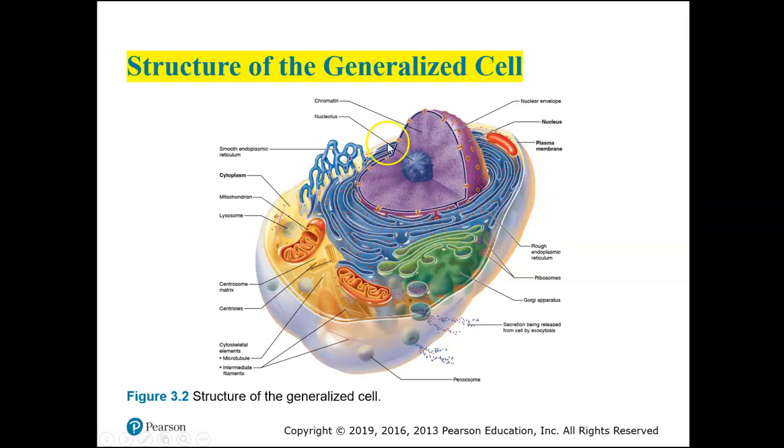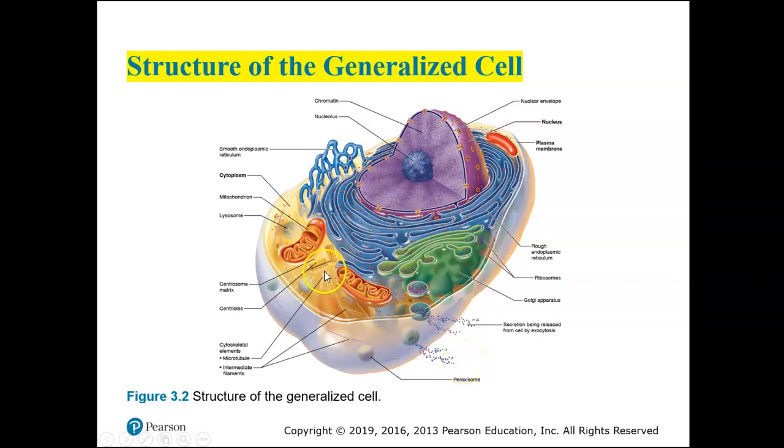We have the cytoplasm, which is everything inside of the plasma membrane. We have the mitochondrion, which produces ATP, lysosome, which functions in digestion, and then we see just a typical vesicle here. It's not labeled, but it contains products produced by the Golgi that are being secreted outside the cell.